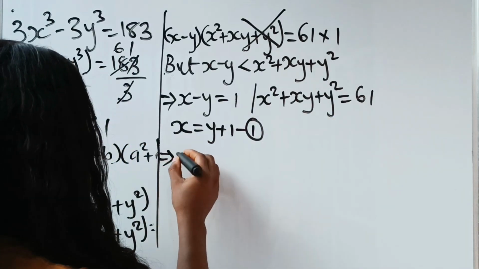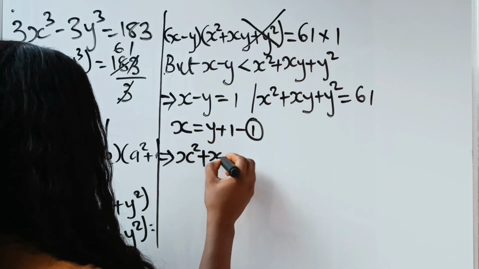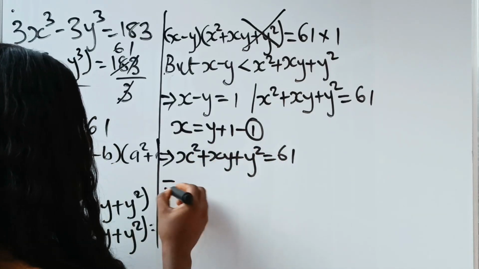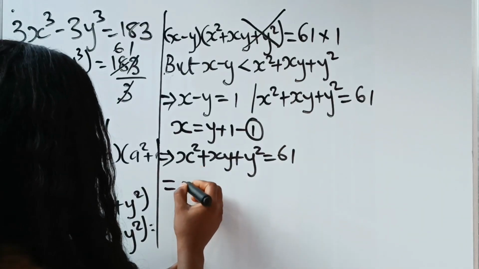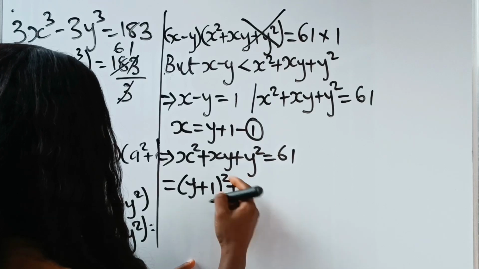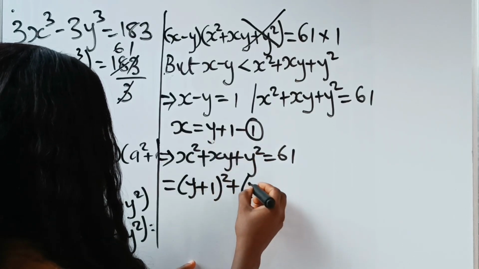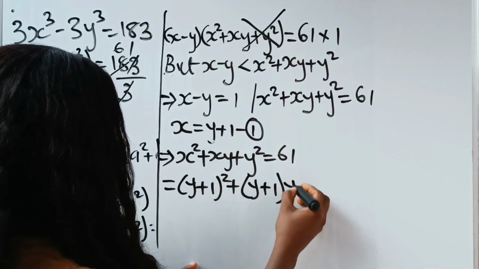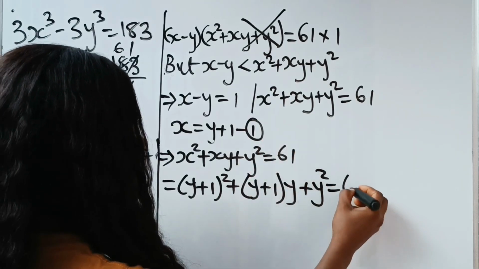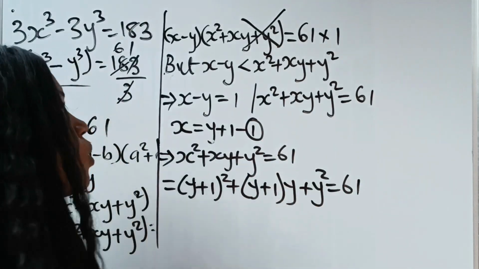So this implies that x squared plus xy plus y squared equal to 61 becomes: x squared, that is y plus 1 squared, plus our x, which is y plus 1, multiplied by y, plus y squared is equal to 61.